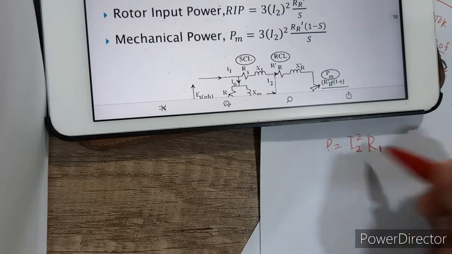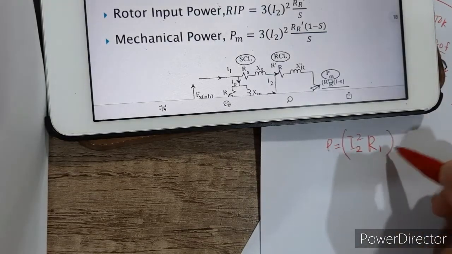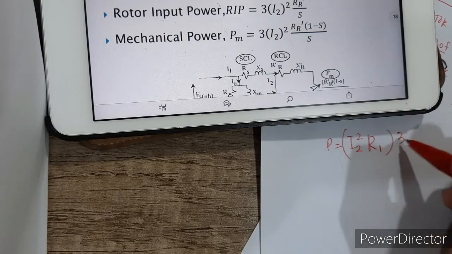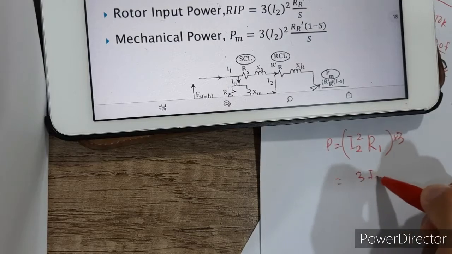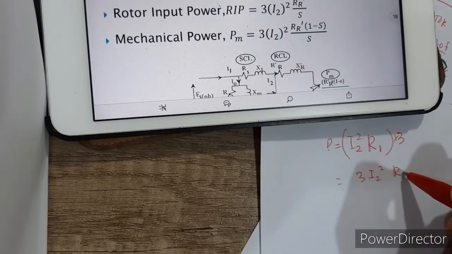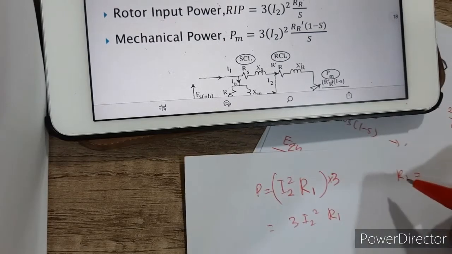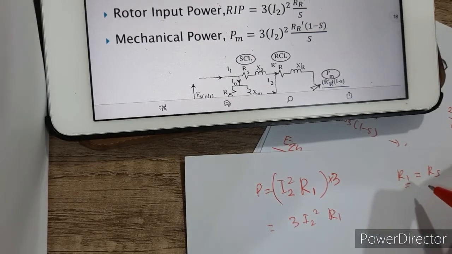Then multiply by 3 because it is a 3 phase motor. So you can write 3 I2 squared multiplied by R1 or RS. R1 is the same as RS, the same parameter, referred to the stator.